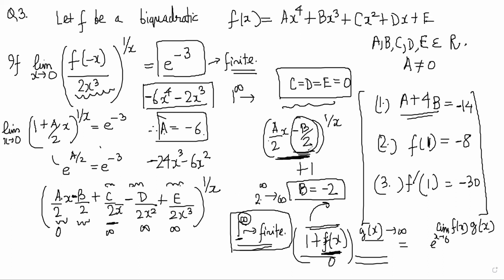And that will only happen if these c, d, e terms disappear, and also if this part becomes 1. If it is 2 plus something, it is not going to be finite. Is everyone understanding what I'm saying? Yes, sir. So a, b, c, d, e, everything can be found. The function has been found. Question is solved.